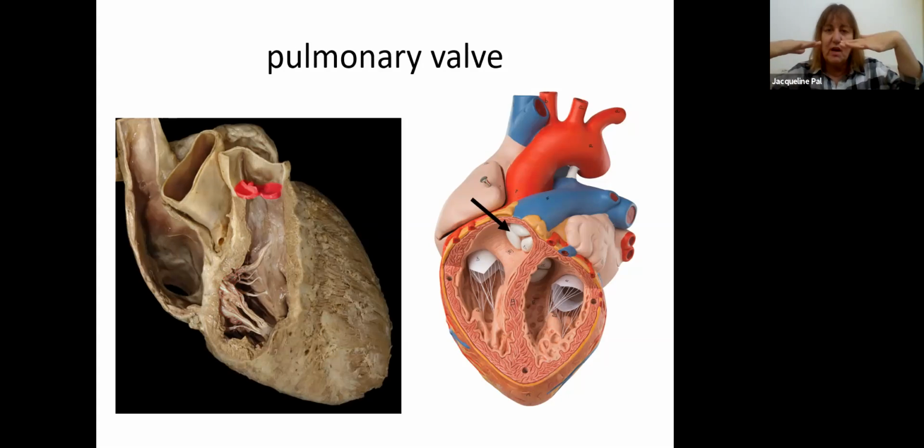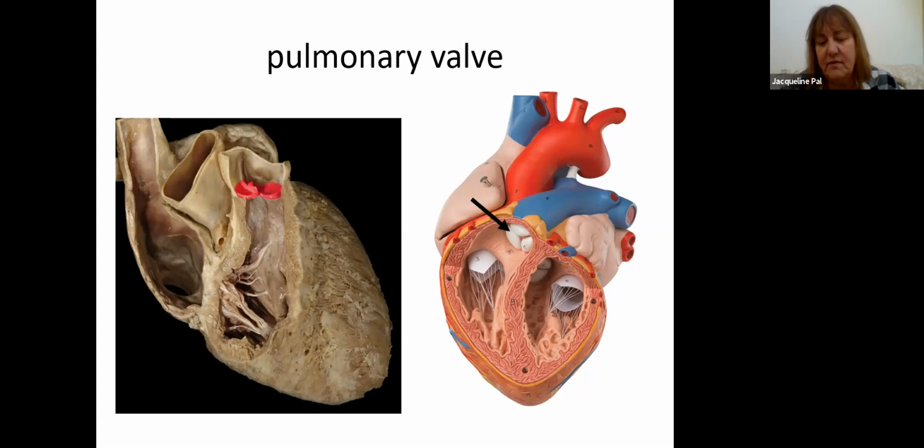All four valves are kind of in the same plane between the atria and the ventricles. But this one, we're not sending blood back to the atrium, we're sending blood to the lungs. So this is more on the anterior surface of the heart, and the valve through which blood has to go to get to the lungs is called the pulmonary valve.